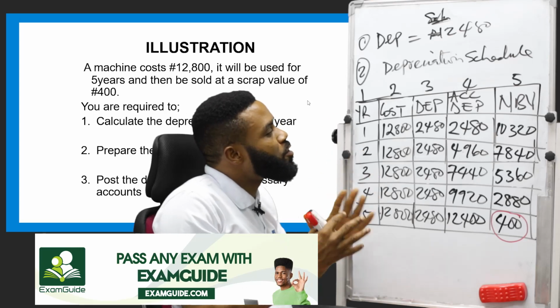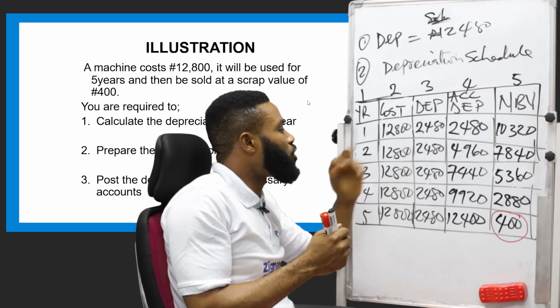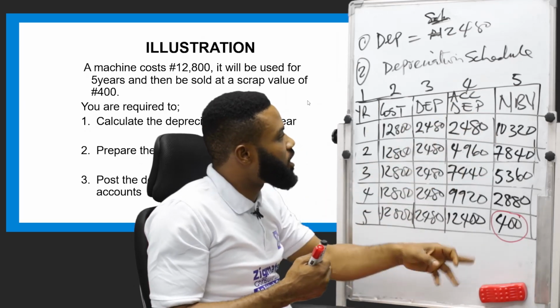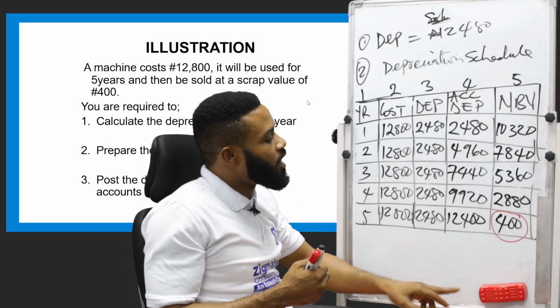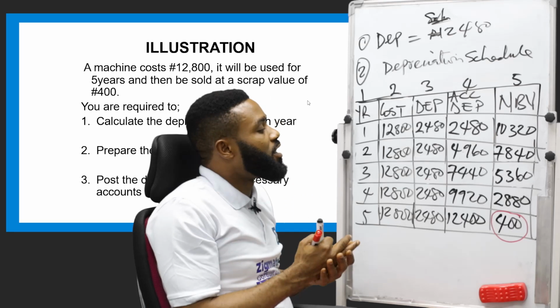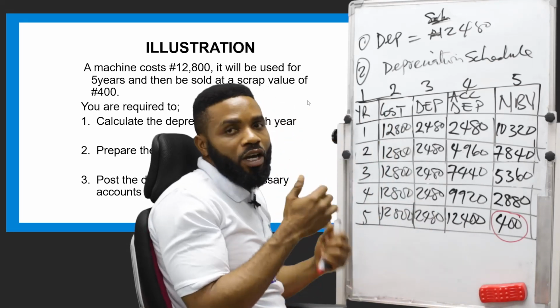And then net book value is simply your cost minus your accumulated depreciation, column 2 minus column 4. At the end of the day, you check if the value you have here is equal to the residual value that was given in the question.